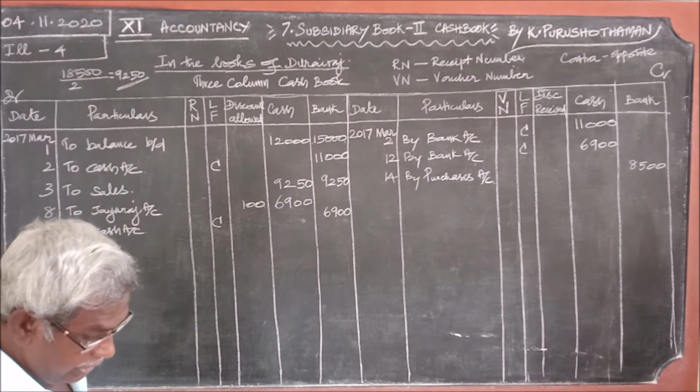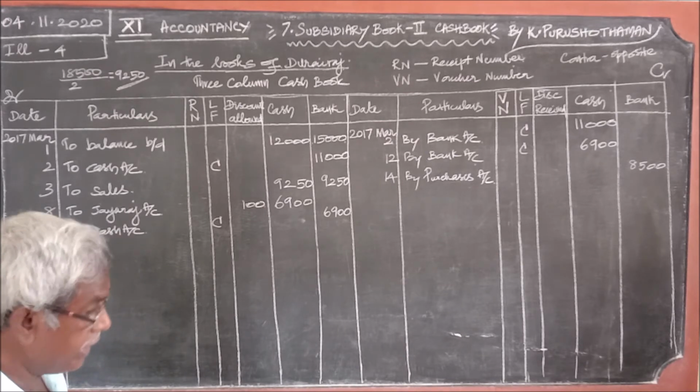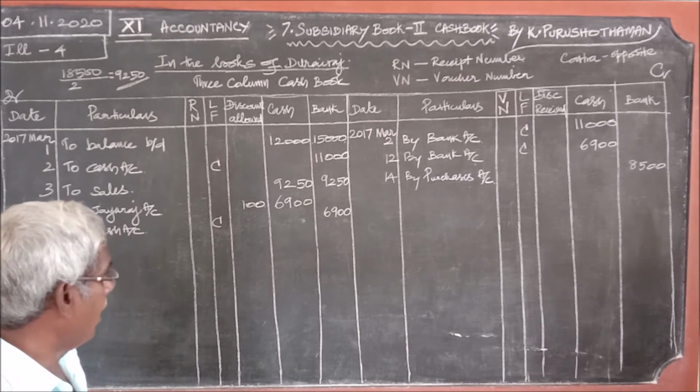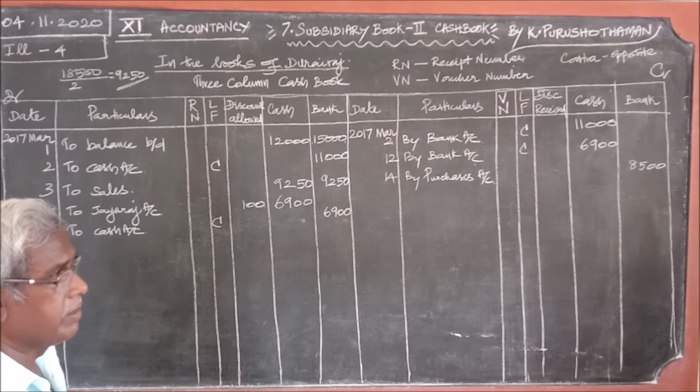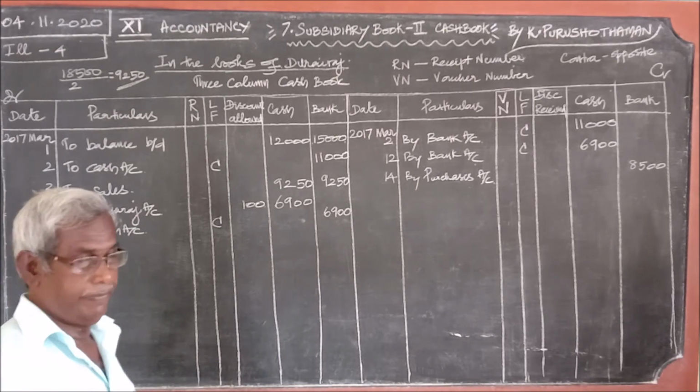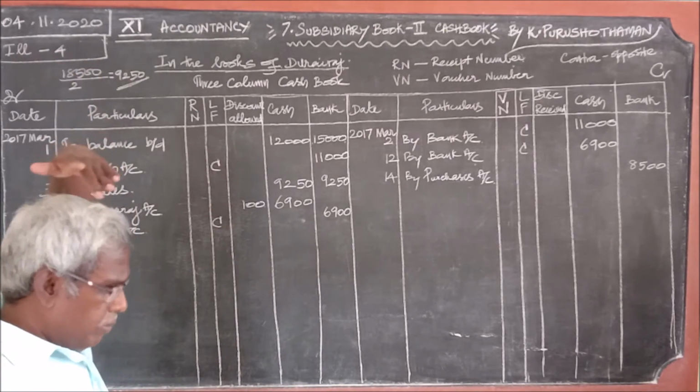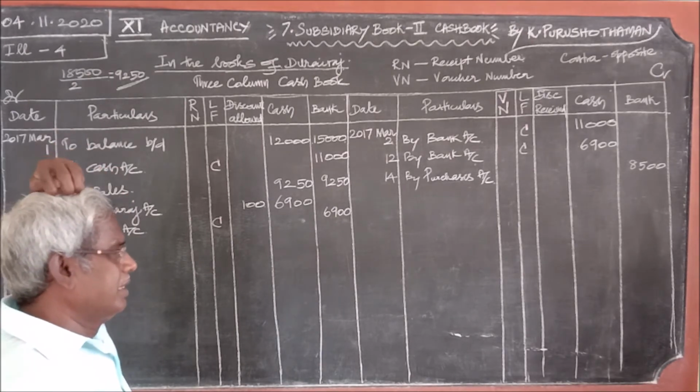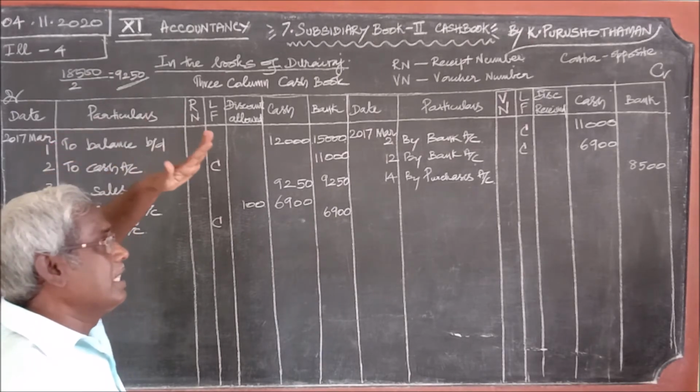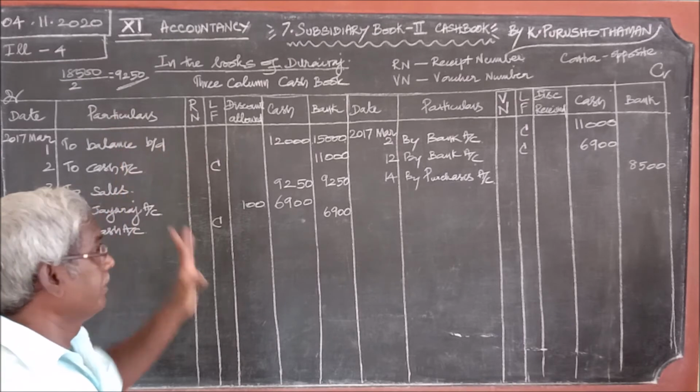Whenever a check is received, it should be treated as cash unless it is banked immediately. If it is not banked immediately, it should be treated as if cash is received.